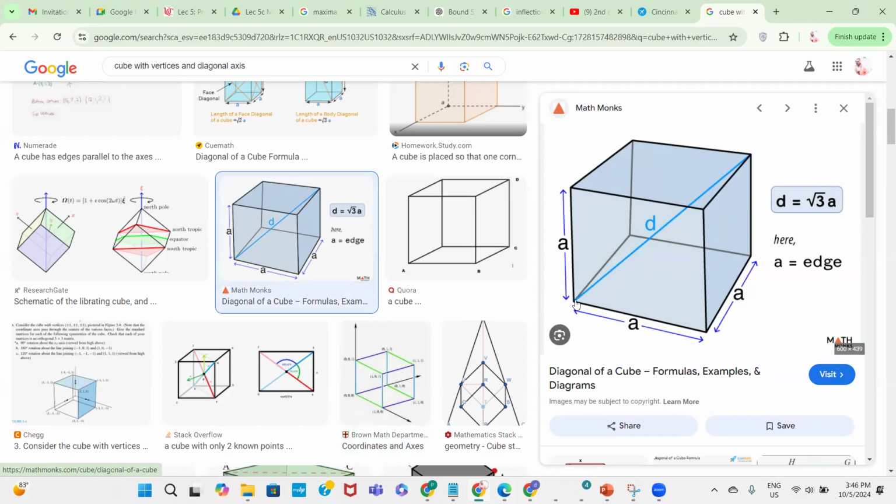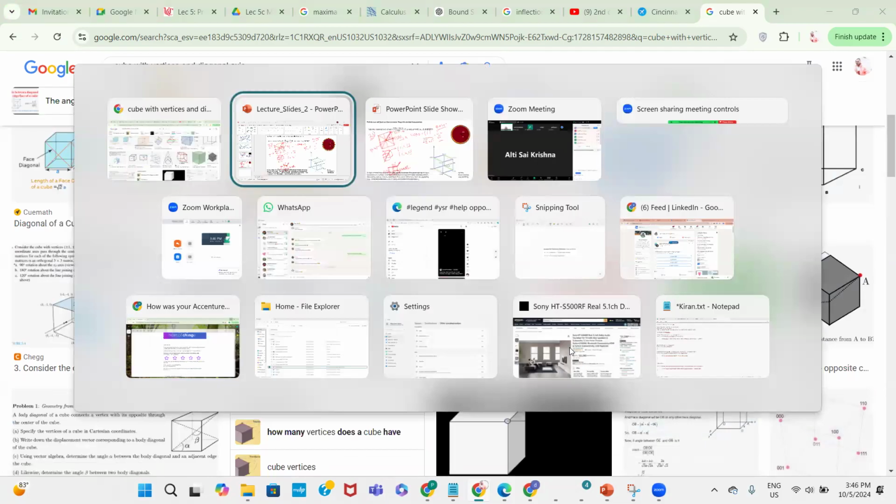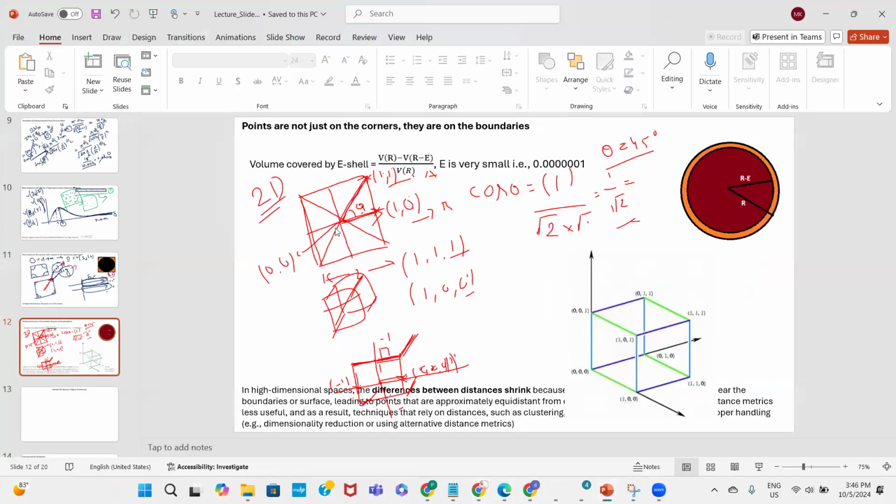Now we want to find the angle between the diagonal axis and the main axis. Let's try to find that and see how it comes down. Here, this is the main axis, and we have found the angle between the main axis and the sub-axis.